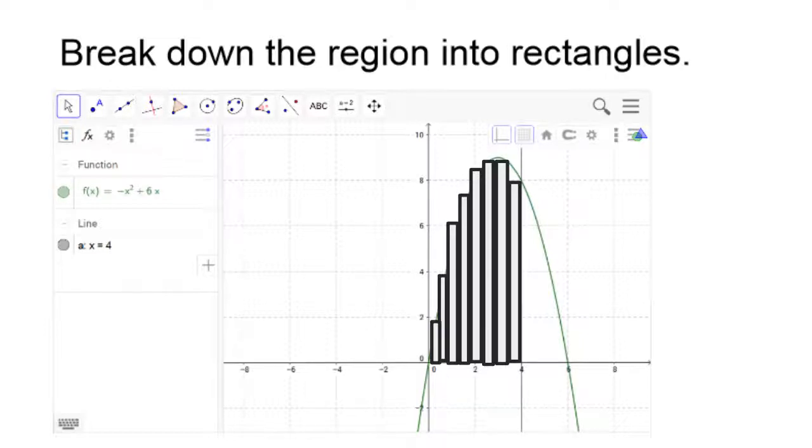Basically what we're doing is we're adding the areas of rectangles together. How many rectangles would I need, and how wide would those rectangles have to be in order for me to have an exact figure for the area underneath this curve?